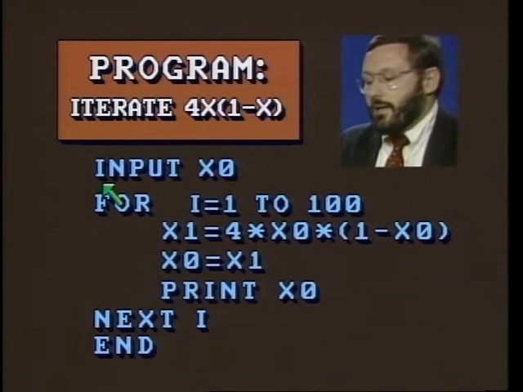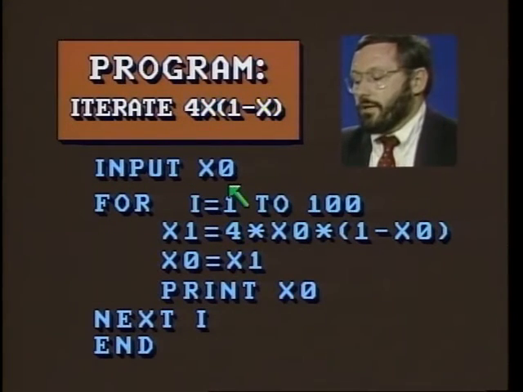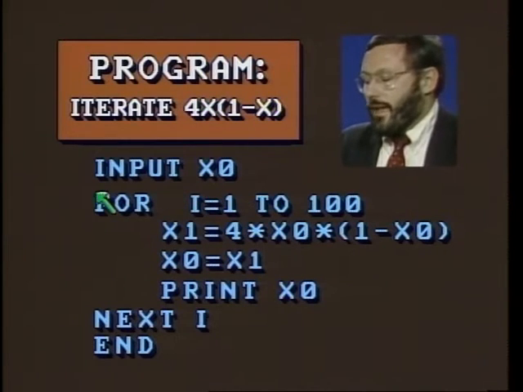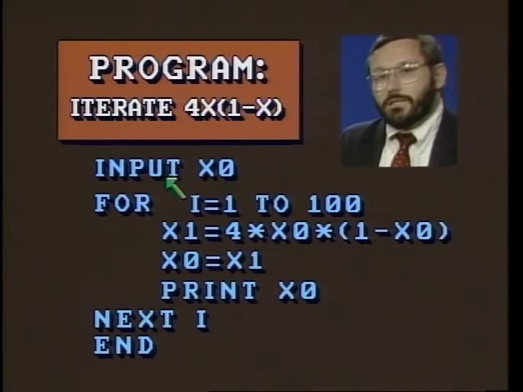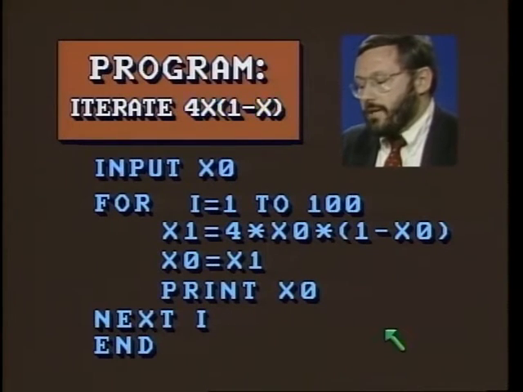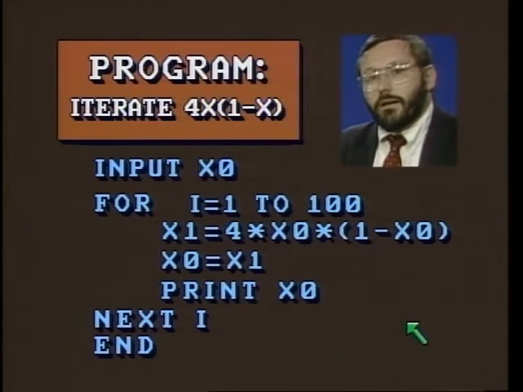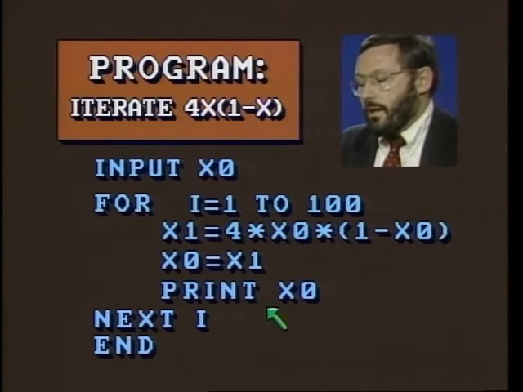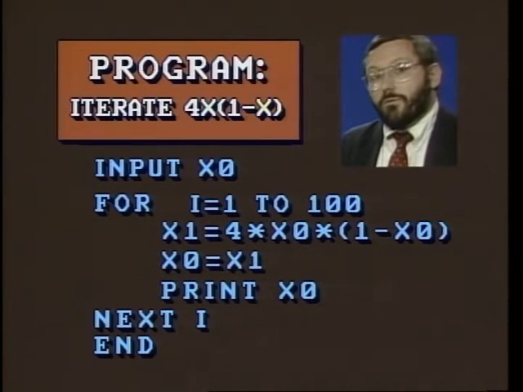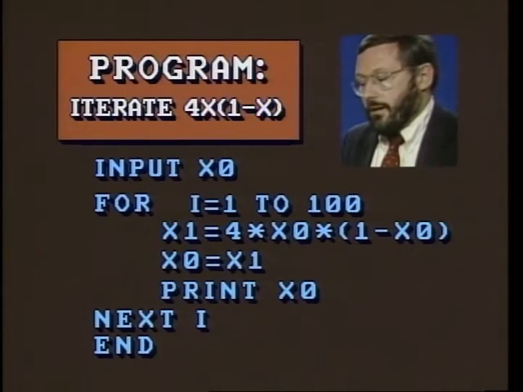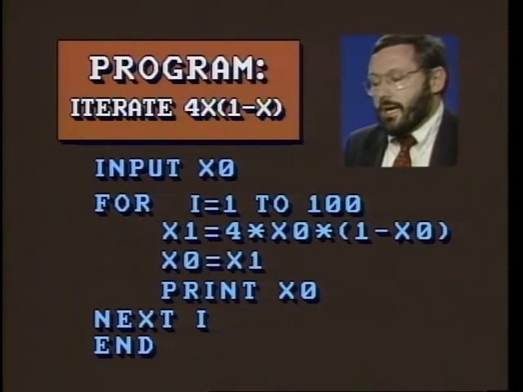The program simply asks you to input your favorite number x naught, and then in this loop, we simply compute over and over again the expression 4x times 1 minus x, each time printing the result. After 100 iterations, we stop, and you see the first 100 points computed under iteration of 4x times 1 minus x.